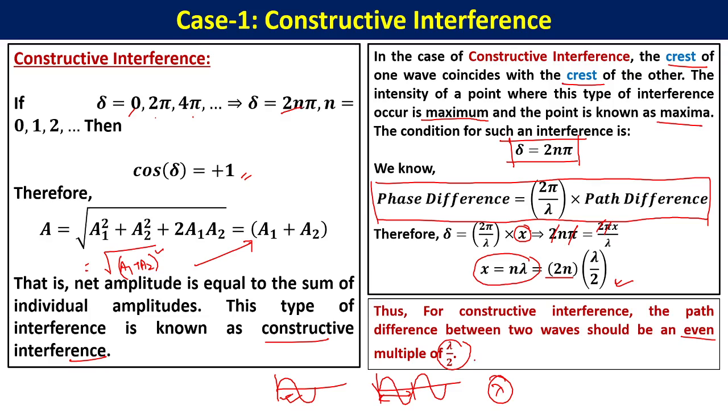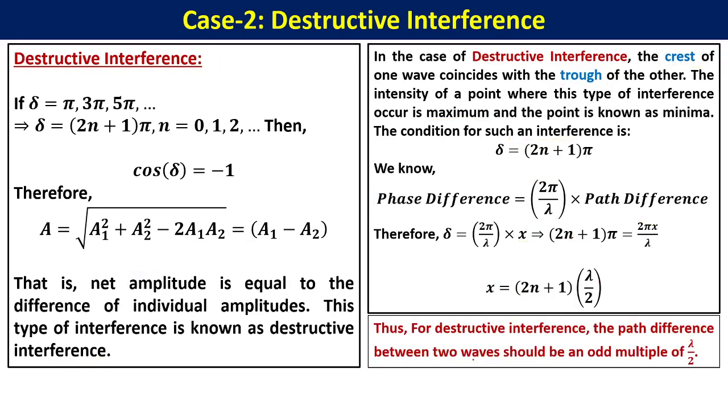Quite contrary to this, there is something called destructive interference. Destructive interference means the phase difference between the two waves is an odd multiple of pi, that means twice n plus 1 pi: pi, thrice pi, 5 pi, 7 pi, 9 pi, 11 pi, and so on, where n is equal to 0, 1, 2, 3, etc. Then cos delta will be equal to minus 1.